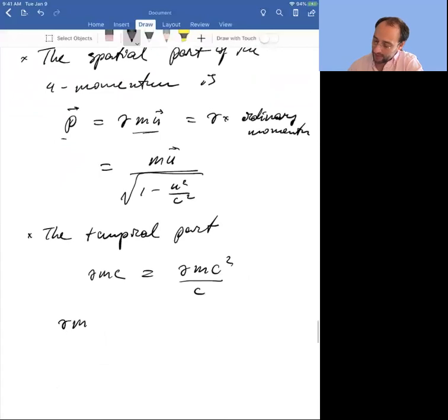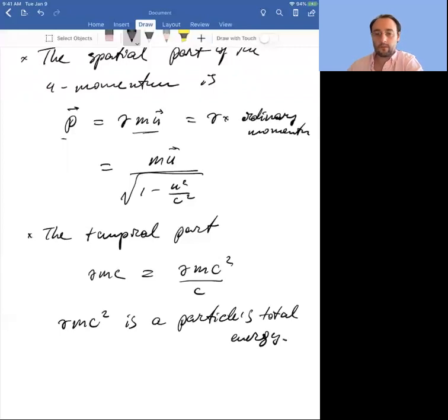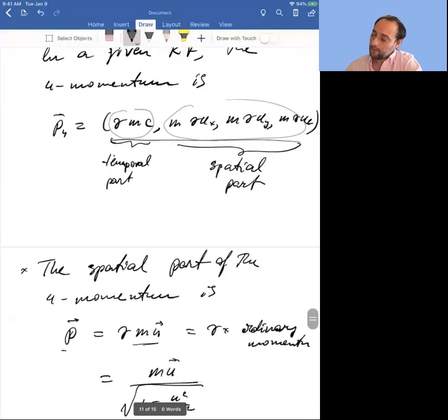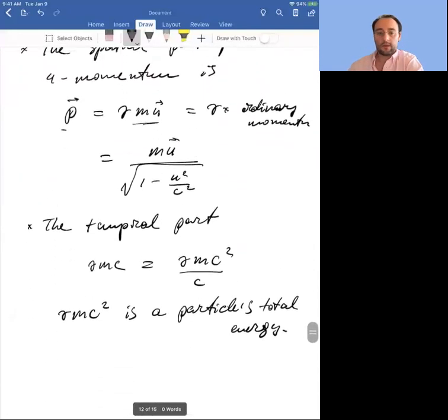The gamma mc squared is defined to be the particle's total energy. I will have a lot more to say on that, but I wanted to stop here.